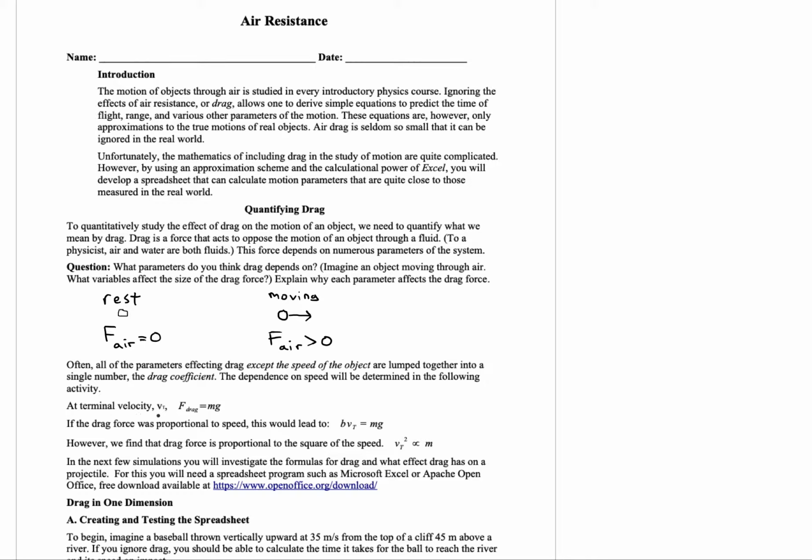At terminal velocity, we find that the drag equals the weight. So what does that mean? It means when an object is just at rest at the peak of where it's being released, then the drag force is 0.